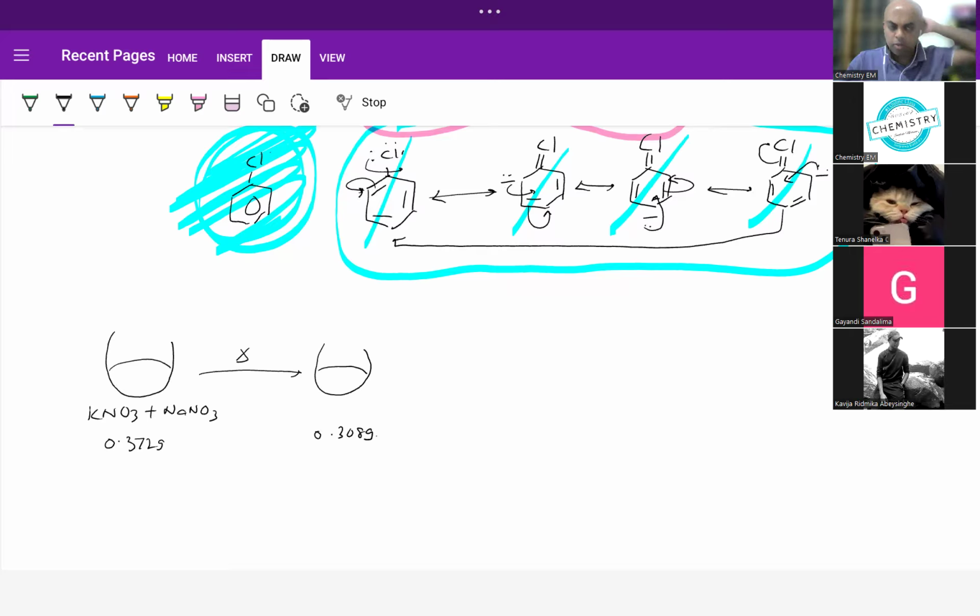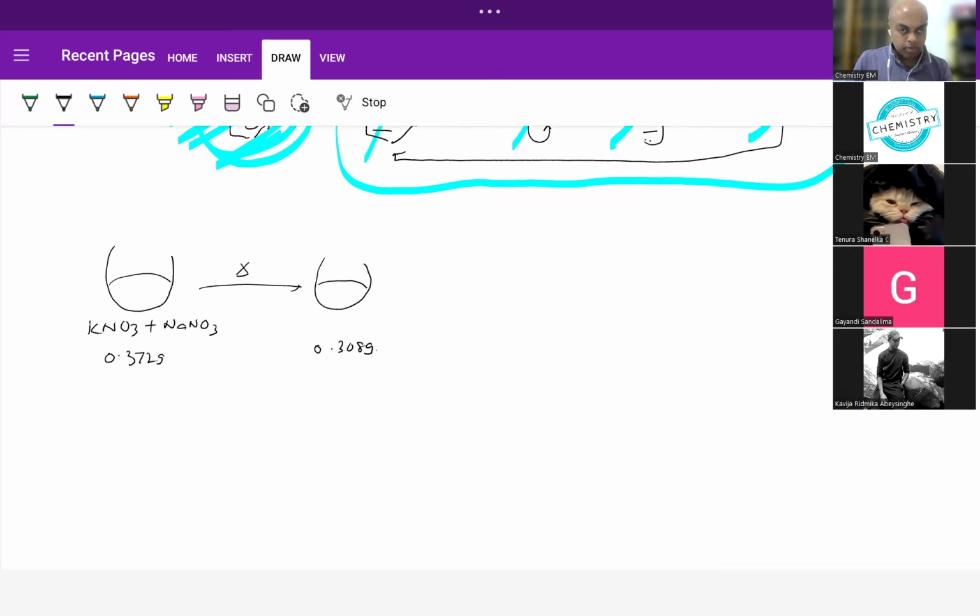In order to know the mole fraction, we need to know the moles of each component, that means KNO3 and NaNO3. And also we need to know the reaction happening when heating, otherwise you can't do this one.